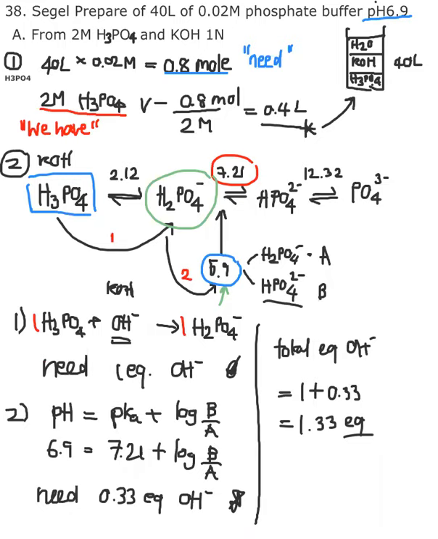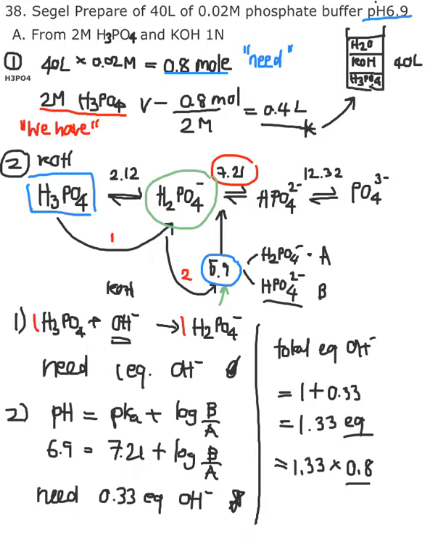So to calculate the moles of the hydroxide ion, you need to take the equivalence and then multiply by the moles of the phosphate buffer, because we're comparing back to phosphate, right? We're comparing back to the moles of H3PO4.